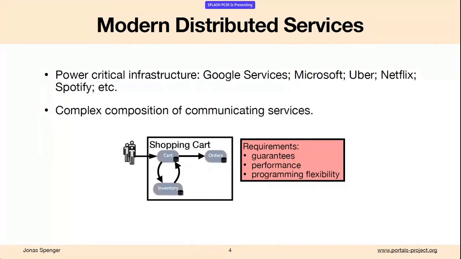The second one is performance, and for performance, you oftentimes need to scale up to very, very large amounts of requests per second if you have a large e-commerce, for example. Still, you need to have very low latency, so this is very tricky, of course. And the last one is programming flexibility. You still need to be able to express the applications that you want to write, is what I mean by the last one.